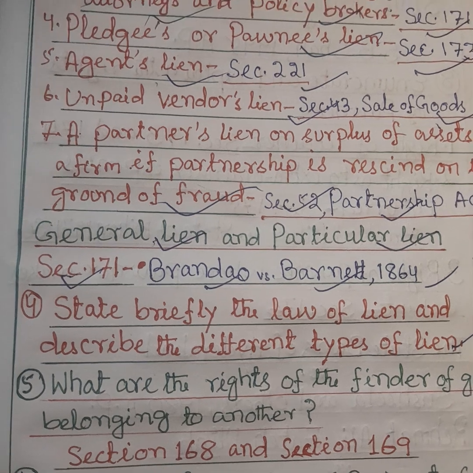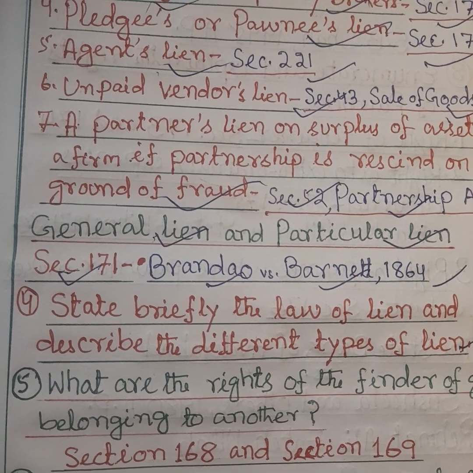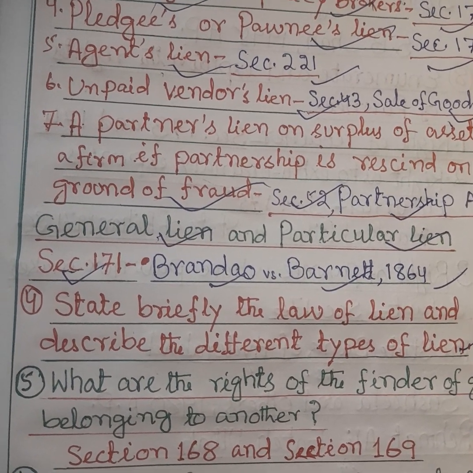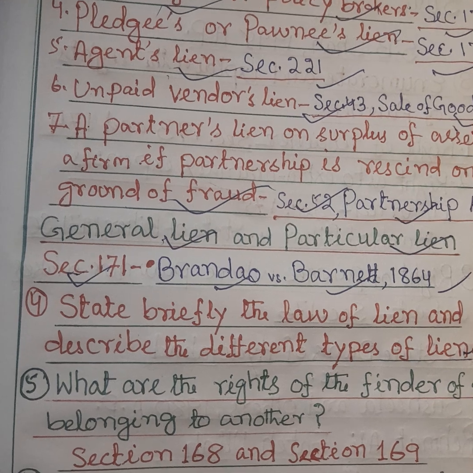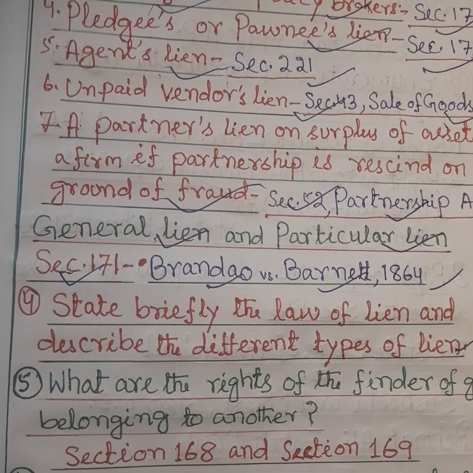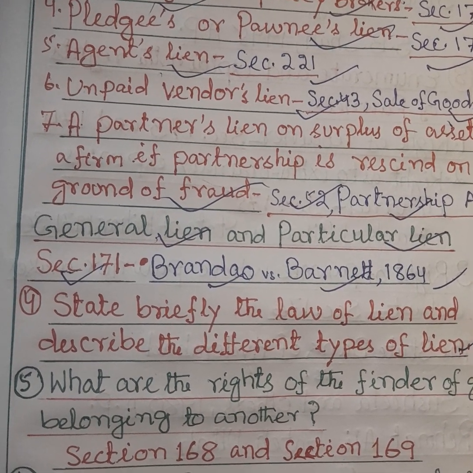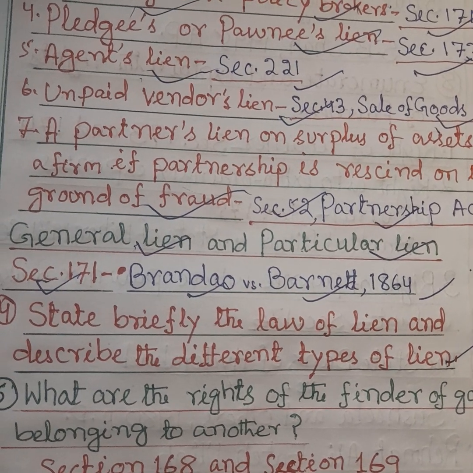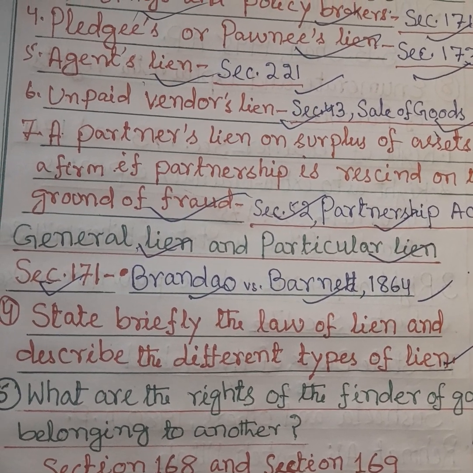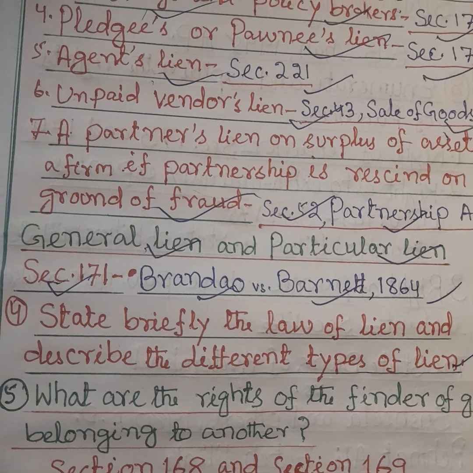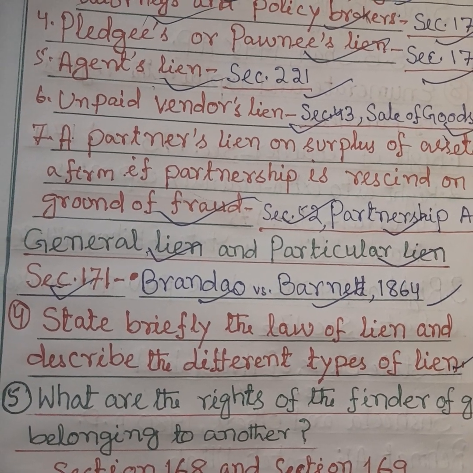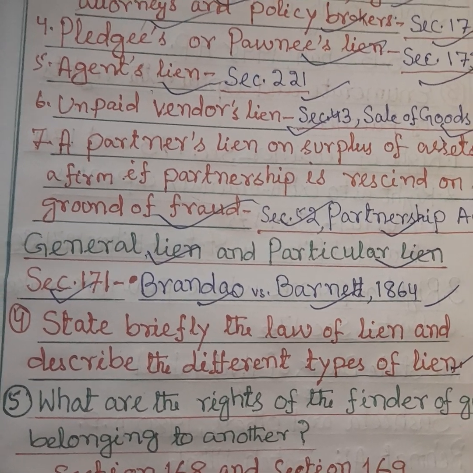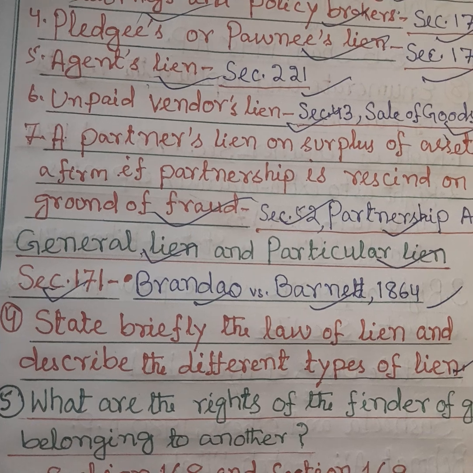Since a general lien can be exercised in respect of the property of another, it cannot be exercised in respect of one's own property.